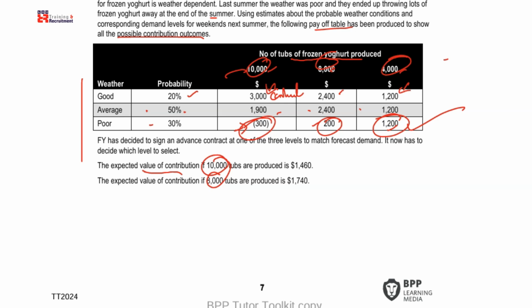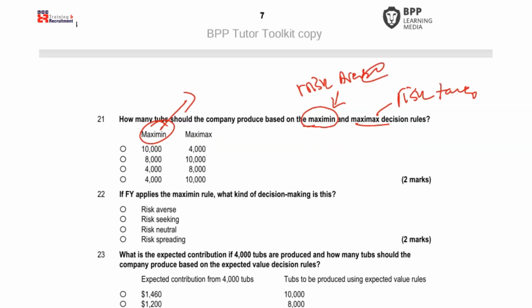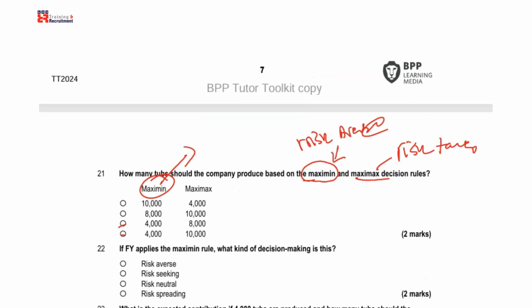This, so maximum is the maximizing the minimum contribution at the poor worst outcome cases, 1,200. Right? So at 4,000 units, probably the units they're asking for. At what level of units? So maximin could be one of this, maximizing the minimum contribution.